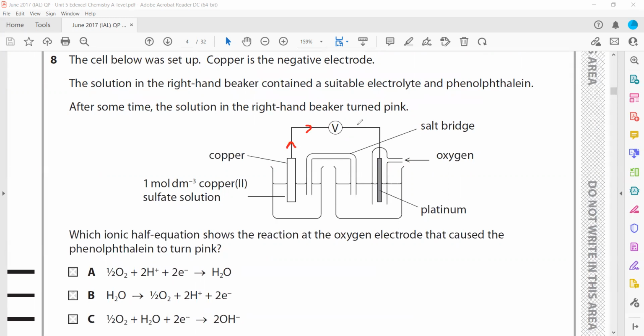The direction of electron transfer is from copper to the platinum. So here we have copper atom and copper ions, and what is basically happening? Copper atom turns into copper ion, loses electrons, which transfer, and here we are bubbling the oxygen gas.